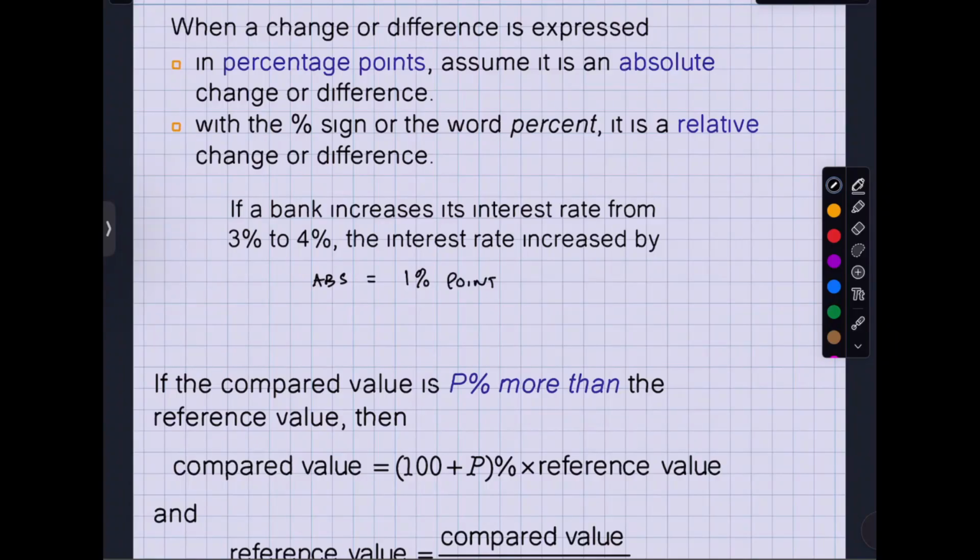Increased by 1 percentage point, right? What's the relative? Yes?